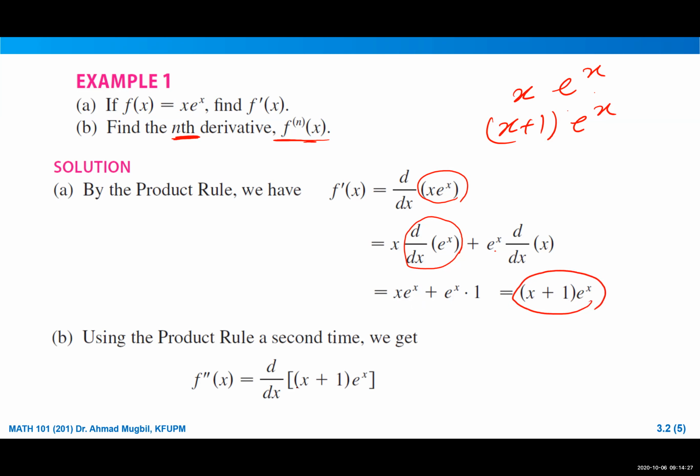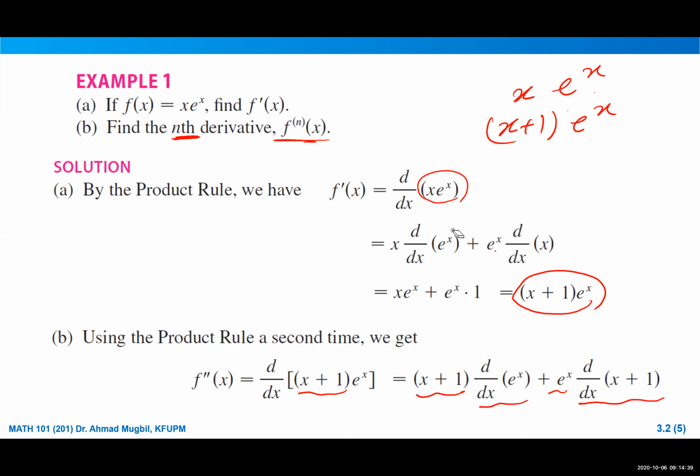So it will be the derivative of x plus 1 times e to the power x. It will be the first times the derivative of the second plus the second times the derivative of the first. Of course, you can skip this step, guys, but not at the beginning. You should do it a few times before, until you memorize it, until you know how to use it, and then you can skip this step, by the way. Also this step, you can skip this step.